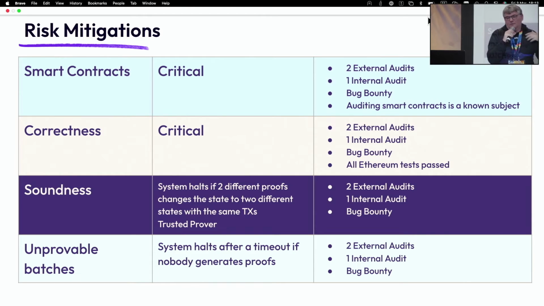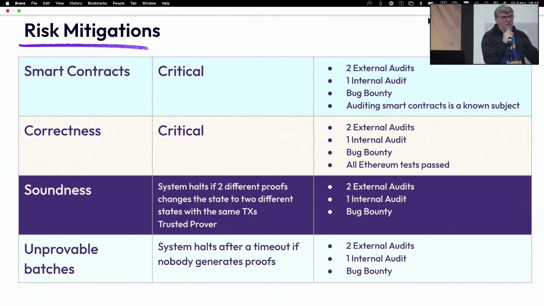So these soundness bugs are mitigated as long as you trust us, as long as you trust the prover. This is not the best, because actually you should not even have to trust us, but at least at the beginning, the users have the warranty that the prover is going to act correctly.